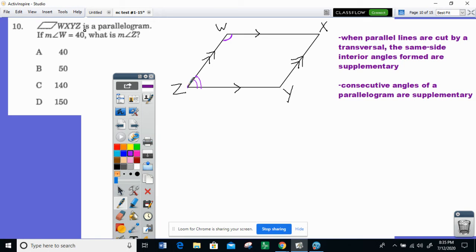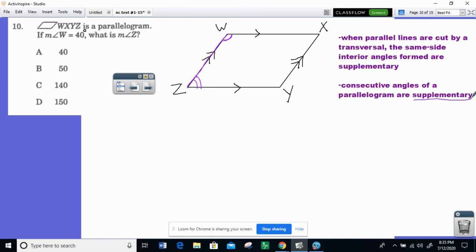Well, if segment WZ is the transversal that's connecting these 2 parallel lines, they're both on the right of the transversal, and they're both inside the parallelogram. So these same side interior angles are supplementary, but since they're the consecutive angles of a parallelogram, that means that for any parallelogram, the consecutive angles are supplementary.